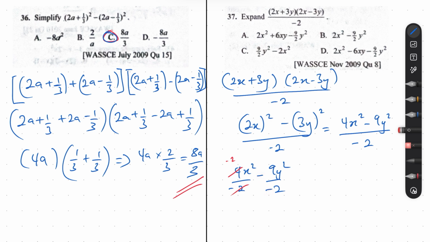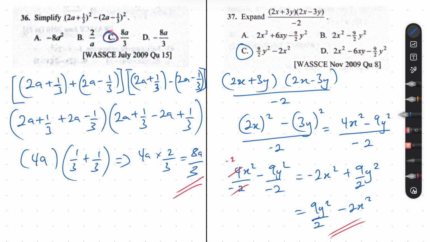So we have this equal to negative 2x squared plus 9 over 2y squared. We can rewrite this so that the y term will come forward. So we have 9y squared over 2 minus 2x squared, and that is our answer. Do you have that in the solutions? Yes, it is C. Okay, all right.